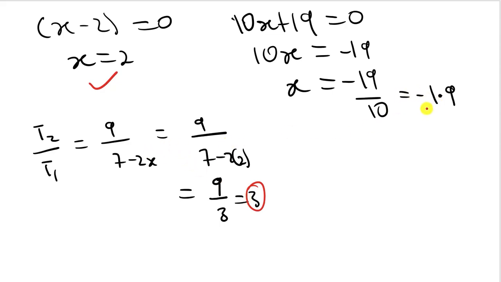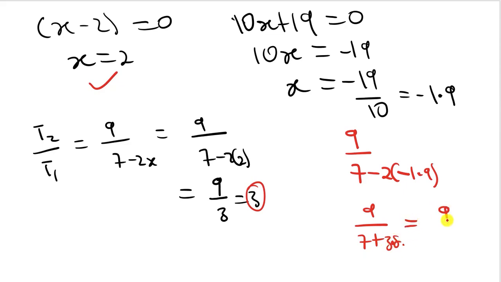But what about when x is equal to minus 1.9? Indeed, we are going to have 9 over 7 minus 2 times minus 1.9. And indeed, this gives us 9 over 7 plus 3.8.